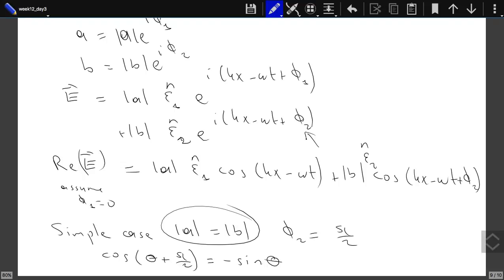There are various ways you can create them. For example, if you take a birefringent material, which is a material that has different refractive indices depending on the polarization of the wave you send, different polarizations will travel at different speeds.